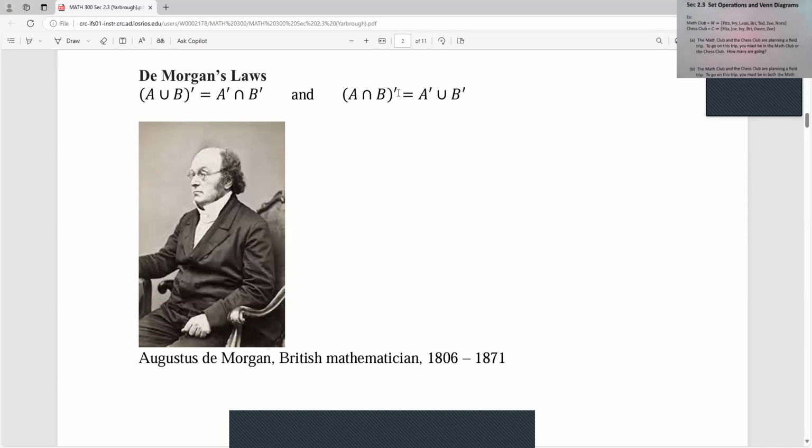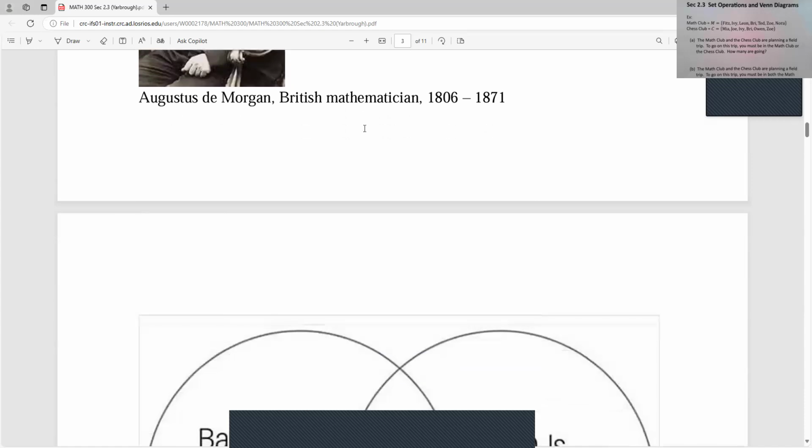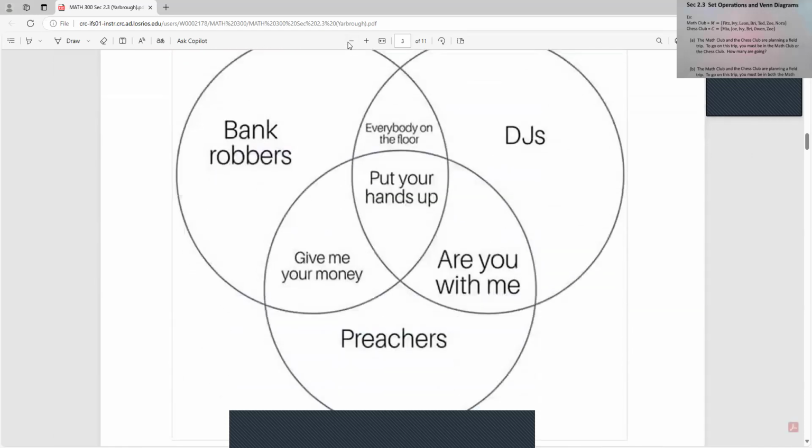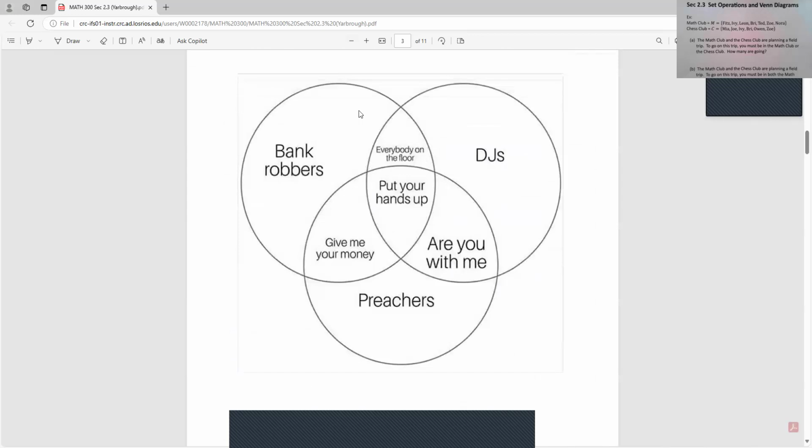And similarly, the complement of the intersection is equal to the union of the complements. And before we start our examples on the paper here, here is a 3-circle Venn diagram. And we will look at some of those also.